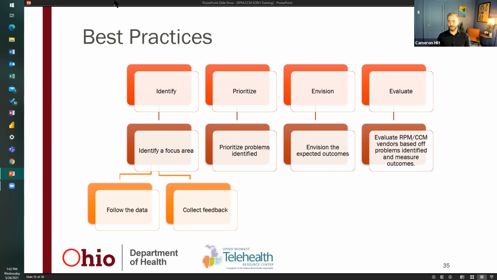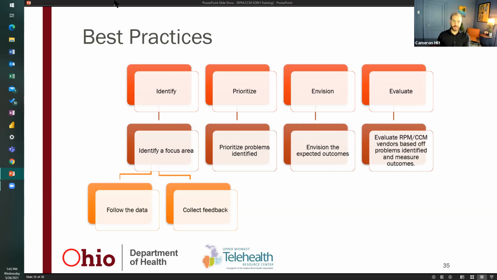The next is then to prioritize those problems, because you might have just found a whole lot of things through the data that you looked at and the feedback you collected. So really prioritize those problems based off of what you feel like will have the most impact for your organization and for patients, and envision what some of those expected outcomes are.